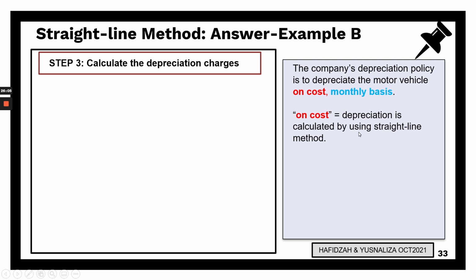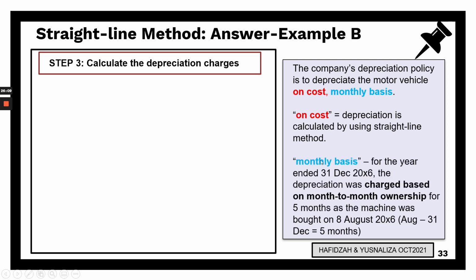Depreciation is calculated by using Straight-line Method, but monthly basis only reflects that depreciation will be charged based on month-to-month ownership in the year of acquisition of the machine. For example, what was purchased earlier, motor vehicle, in the year of acquisition, and that will be in 2006.